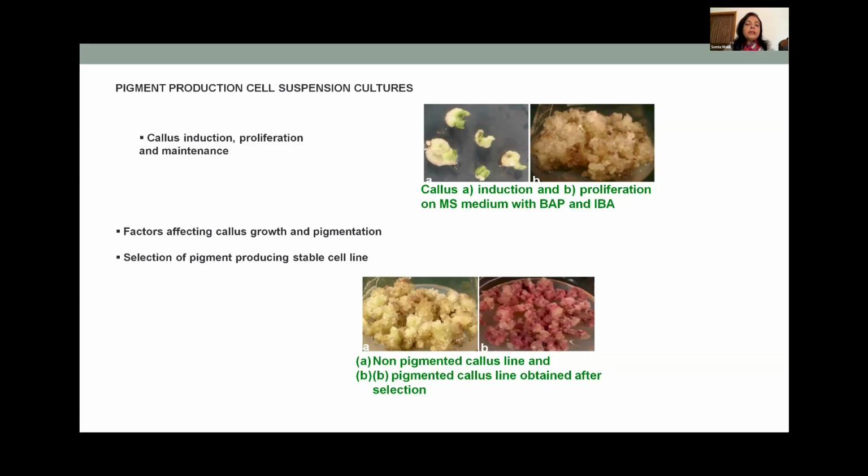So here are a number of factors that affect the callus growth and pigmentation, because our aim was to obtain the pigment also from the callus. The nutrients which we were putting in the media were not favoring the pigment production, although they were good enough for the callus, because the primary metabolism and secondary metabolism of the plants are inversely proportional.